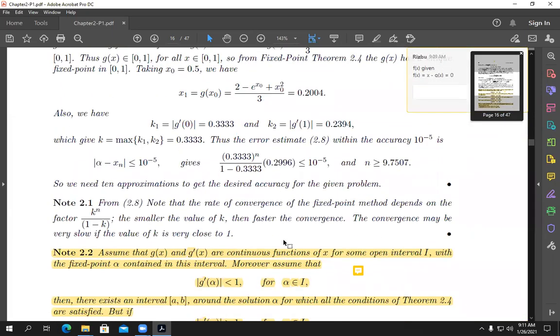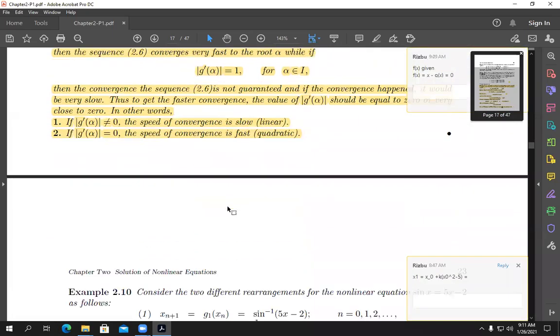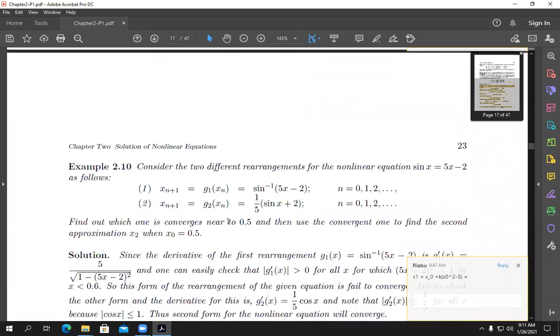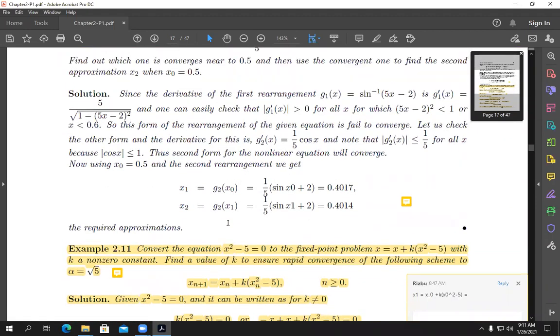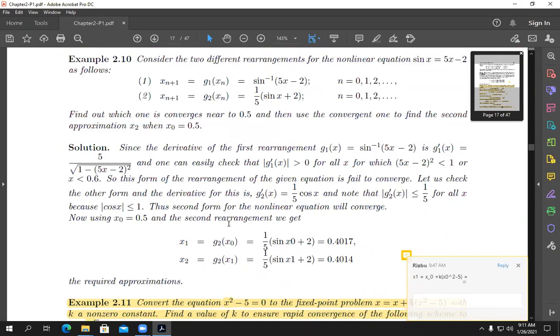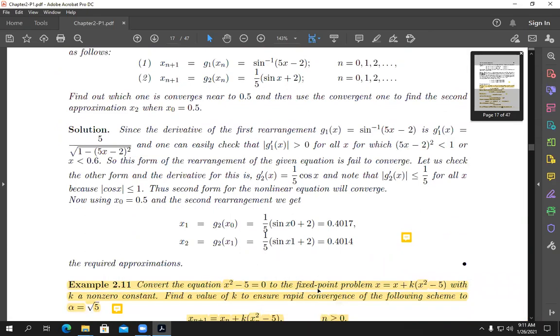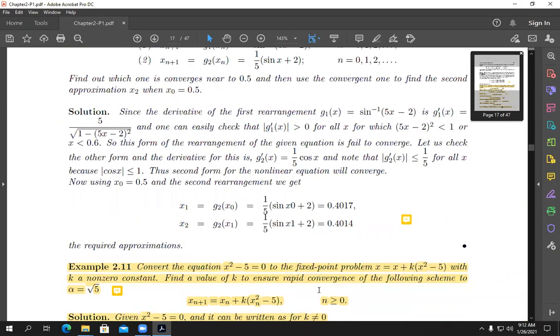Now let's come to the good example. Here is the theorem I give you. This example we'll also do later. Many times I give this example in the exam, please. Now, he says convert the non-linear equation to the fixed point formula, x is equal to this.